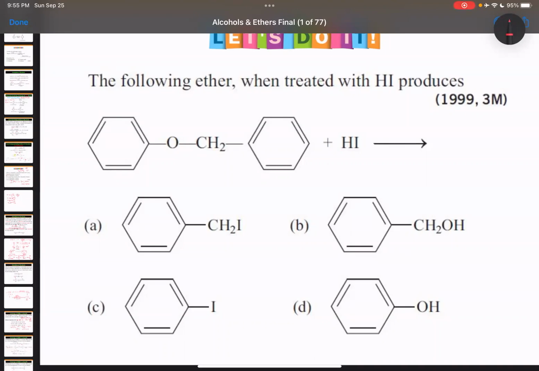So the following ether, when treated with HI, it forms what? Option B. So first of all, you need to do this, right?